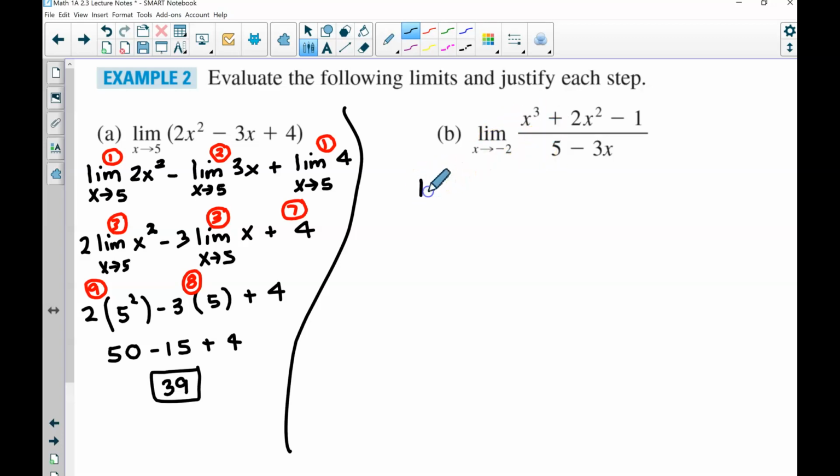So we have the limit as x approaches 2 of the numerator, which is x cubed plus 2x squared minus 1.